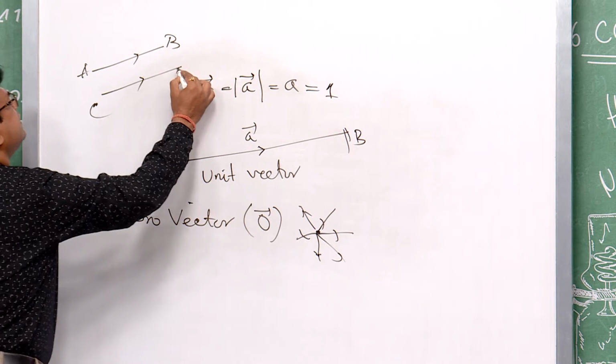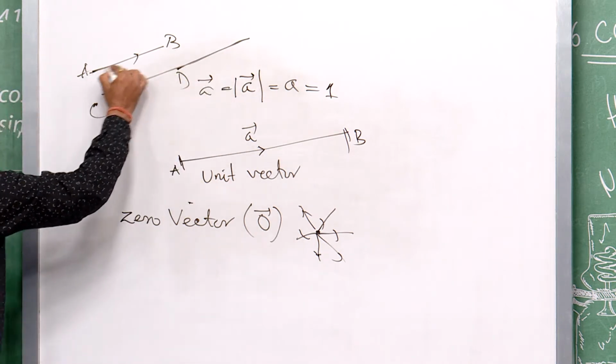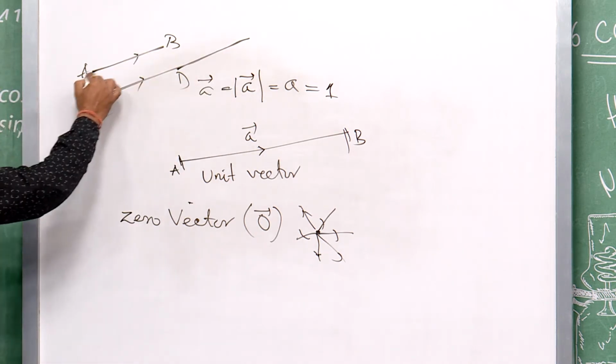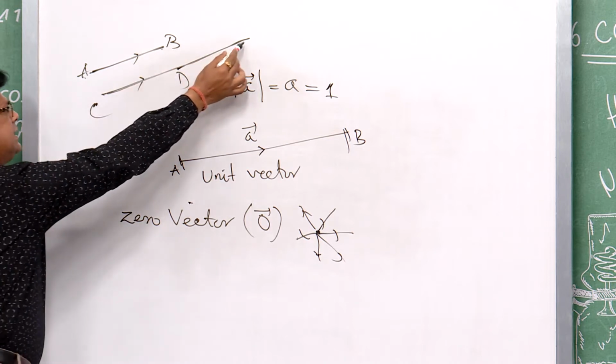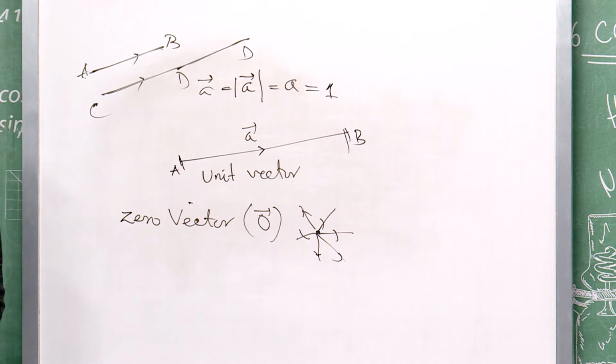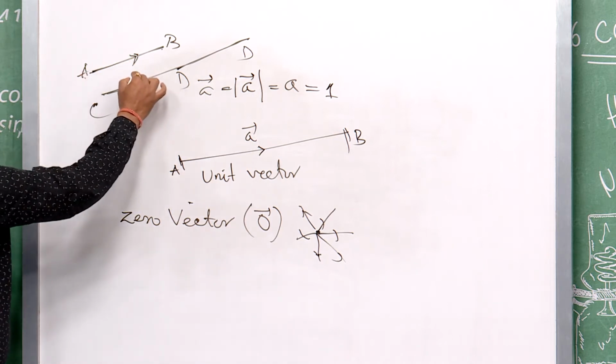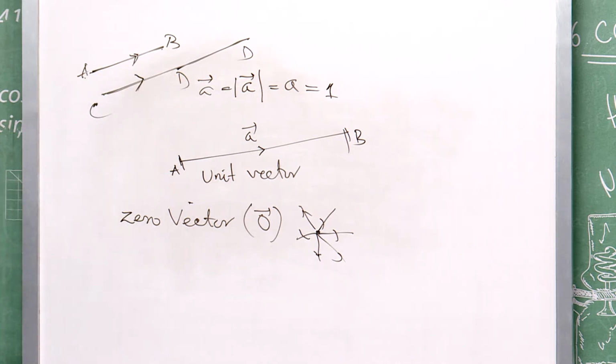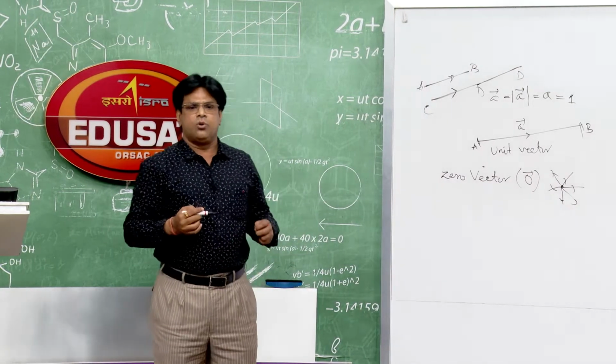AB has this magnitude, CD has this magnitude, but they may have different directions. These two vectors are parallel and collinear vectors.